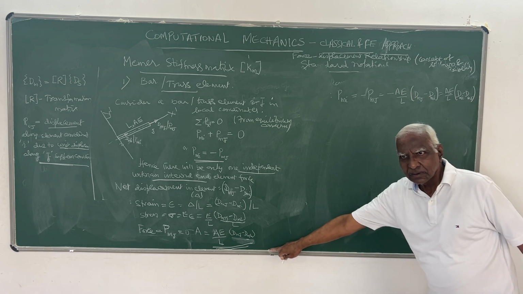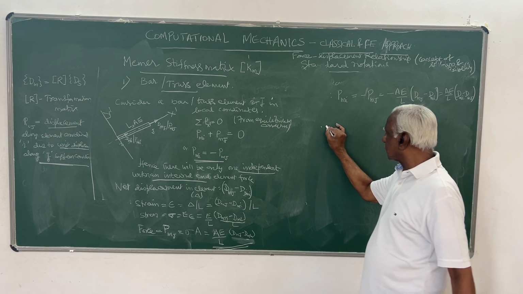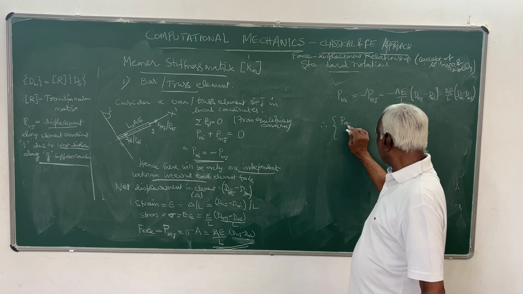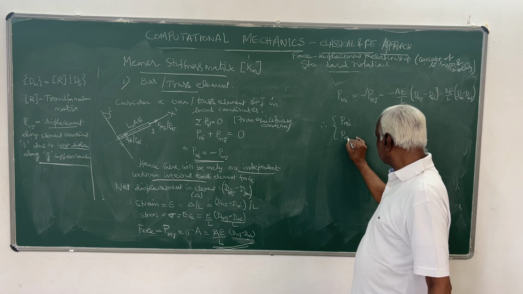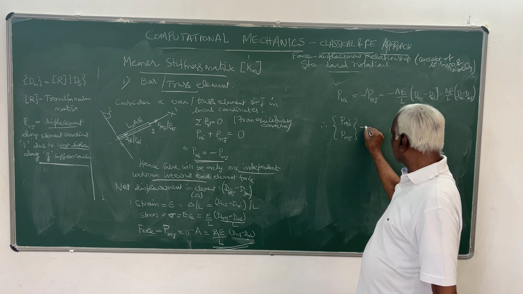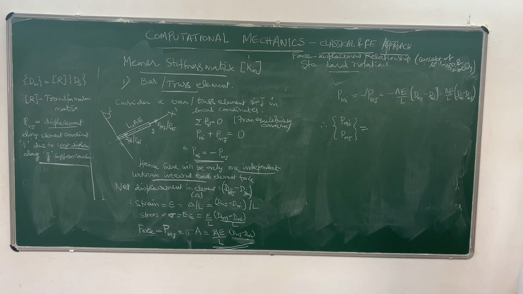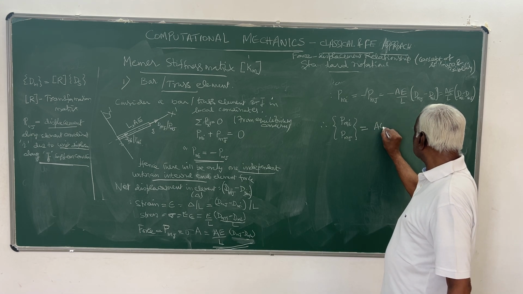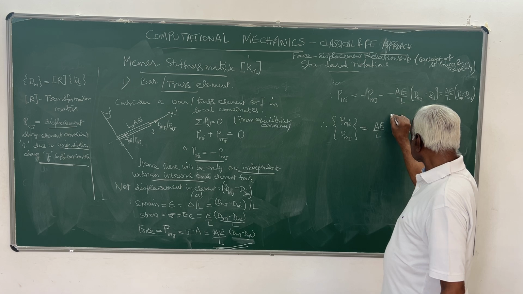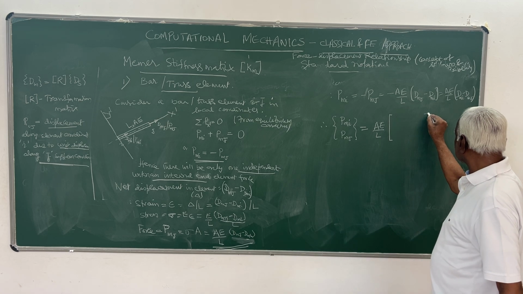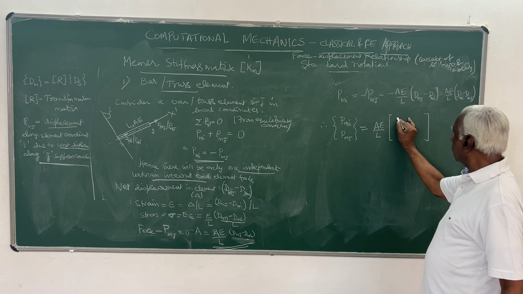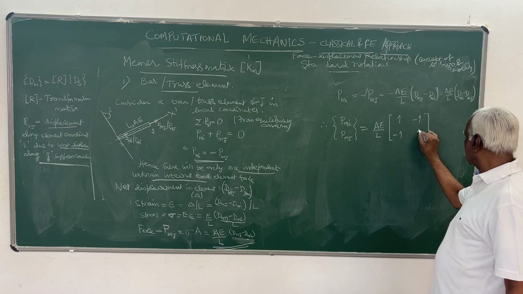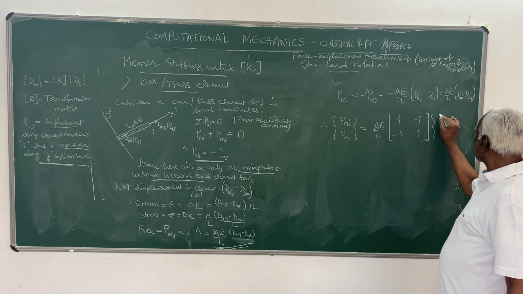Therefore, PMI, PMJ in matrix notation equals AE by L times the matrix 1, minus 1, minus 1, 1, times DMI, DMJ.